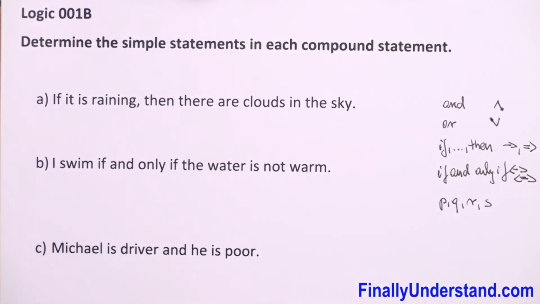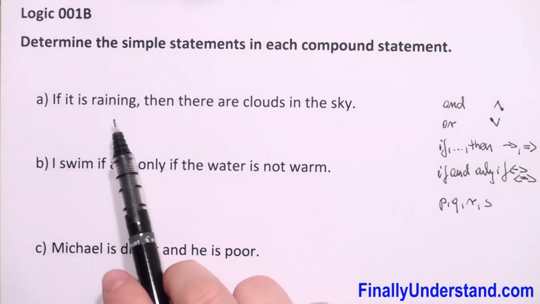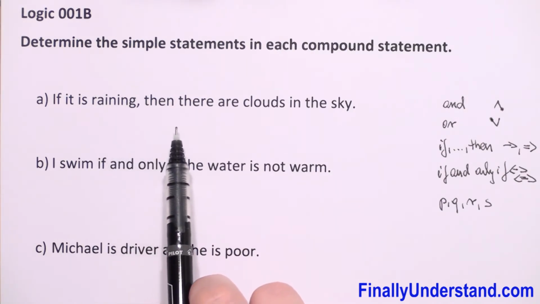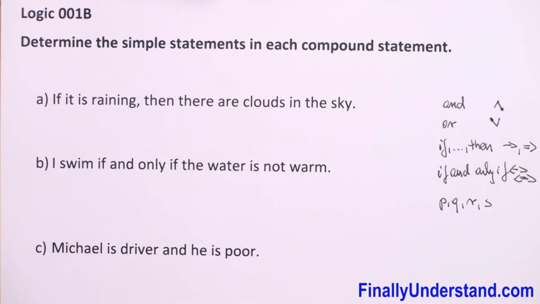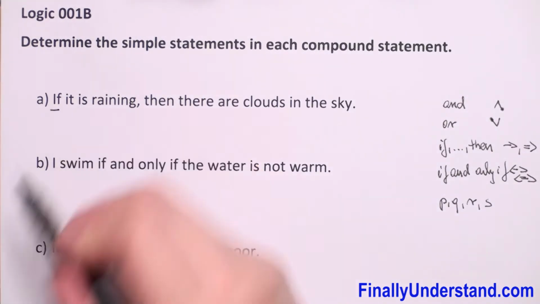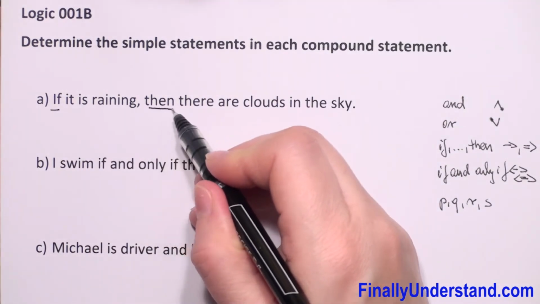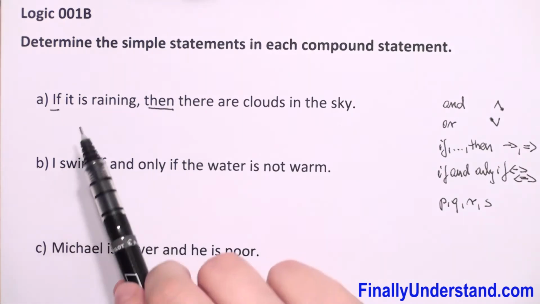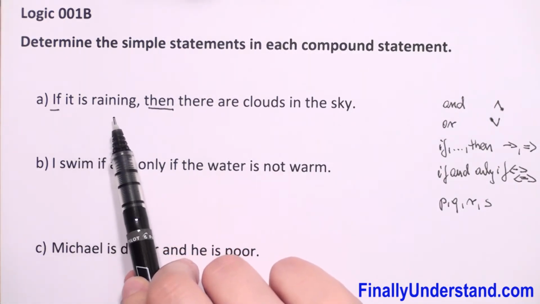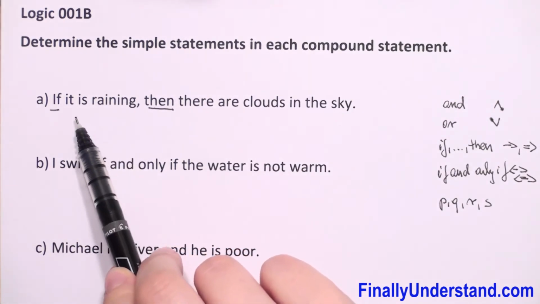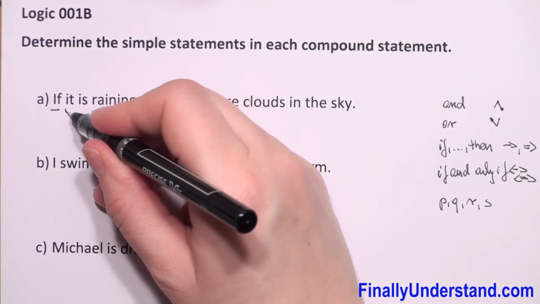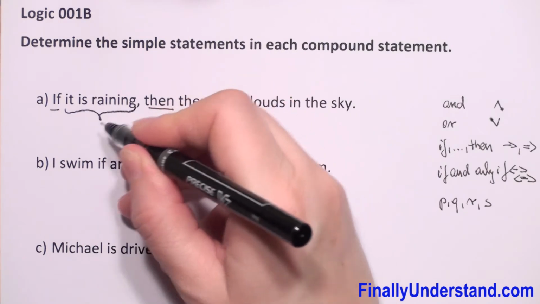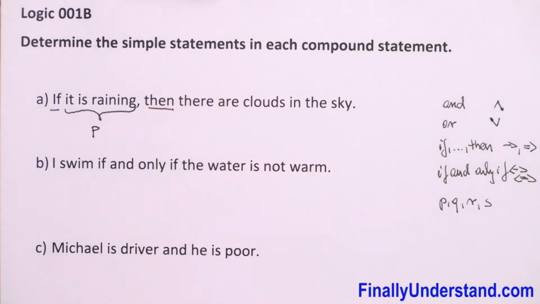Let's read the first example. If it's raining, then there are clouds in the sky. We have the phrase if and then. What else? It is raining is a simple statement. We can say that it is true or not. So let's put that this is our P, the first simple statement.